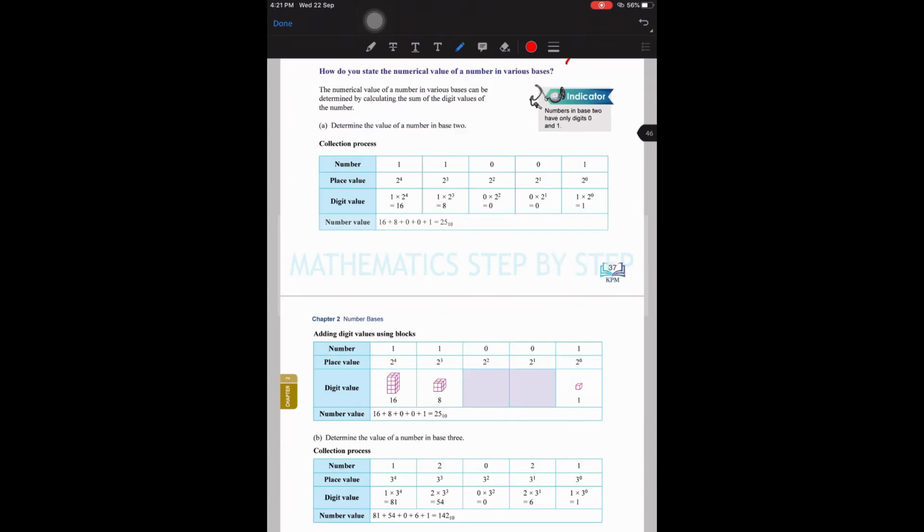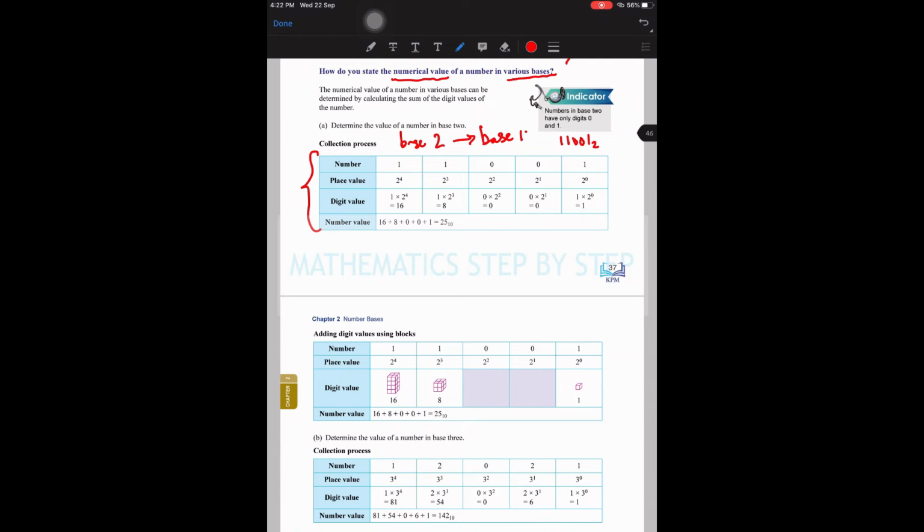Okay, so now how do you state the numerical value of a number in various bases? In short, now we have to learn to convert, let's say, a number in base 2 to a number in base 10. Let us look at the steps involved. The value involved is 11001 base 2.